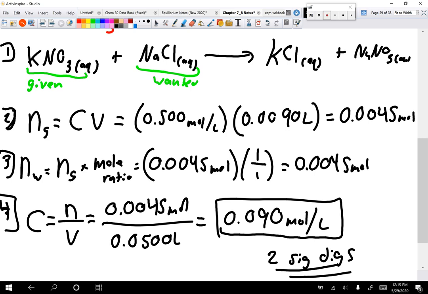We're using 2 significant digits because of the 2 significant digits in our 9.0 milliliters for our titration.